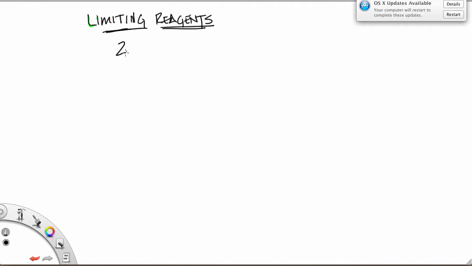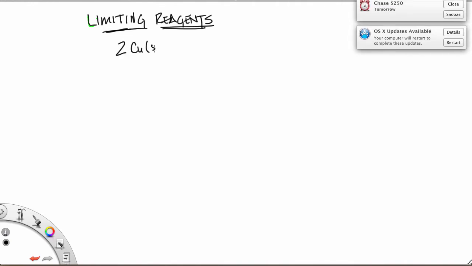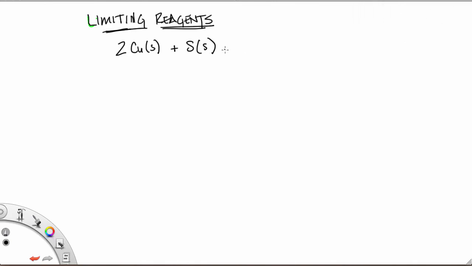So in our first example, we're going to start out with having solid copper, and it reacts with solid sulfur, and that will make copper 2 sulfide. Okay.